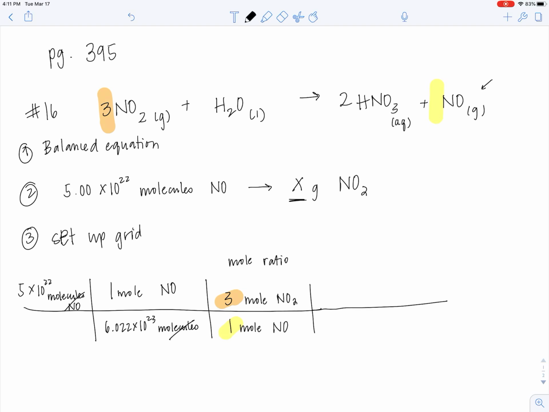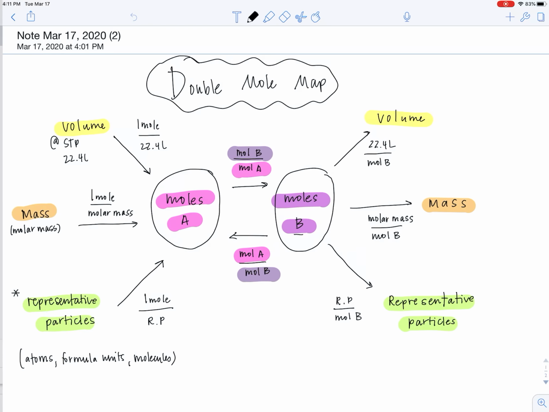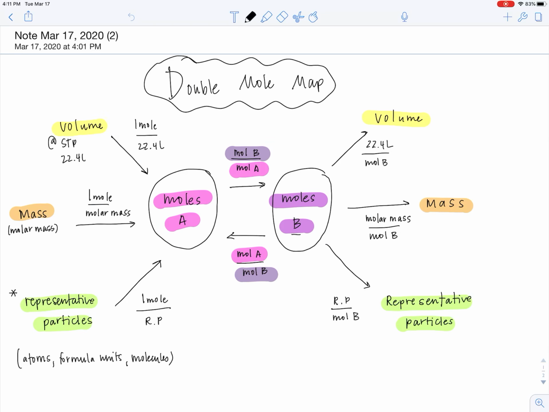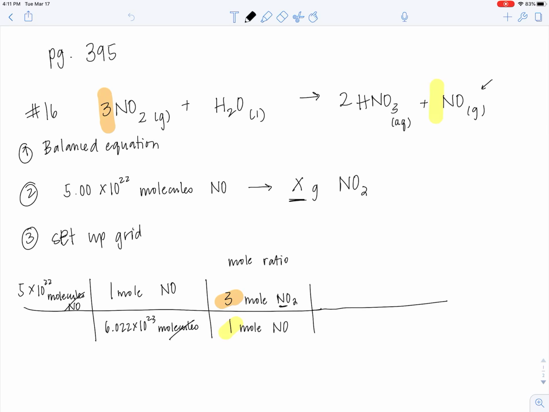So now I am at moles of nitrogen dioxide, and I need to go to grams. Again, if I didn't know where to go, I can look at my double mole map, and I'm at moles of B now, and I want to get to mass. So I'm going to have molar mass over moles of B. So I'm going to have my molar mass, which I'm going to have to calculate, over 1 mole of nitrogen dioxide.